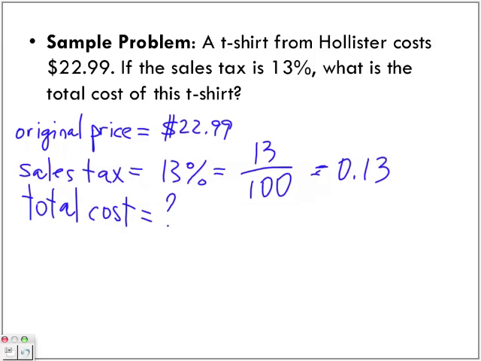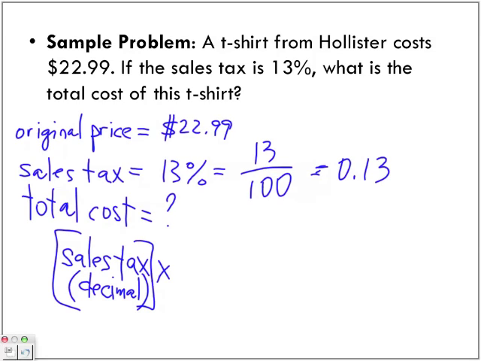Now, because we have the original price, what we can do is the following. You take the sales tax as a decimal value, and we are going to multiply it. Let me put that in square brackets just so we don't mistake that X in tax with the times symbol.